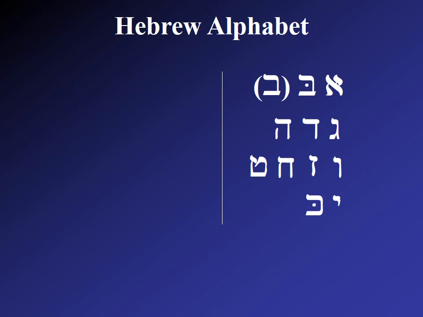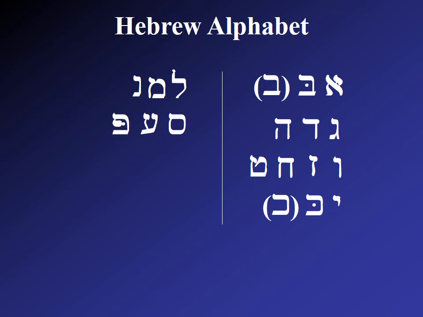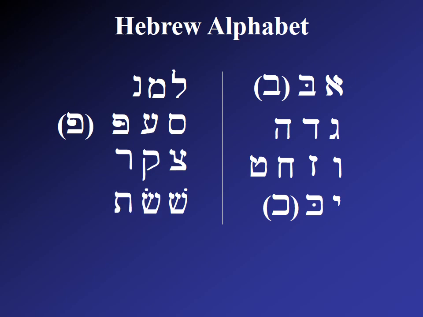Kaf is the stopped form. Chaf is the spirantized form. Lamed, mem, nun, samech, ayin, pei, stopped, fei, spirantized, tzadeh, kof, resh, shin, sin, tav.